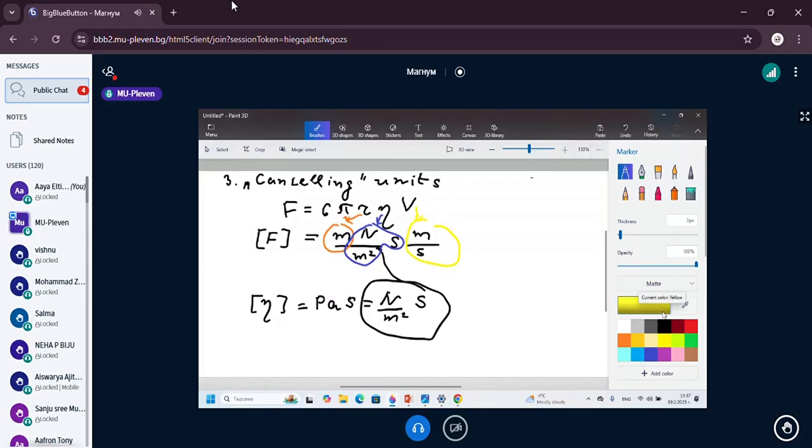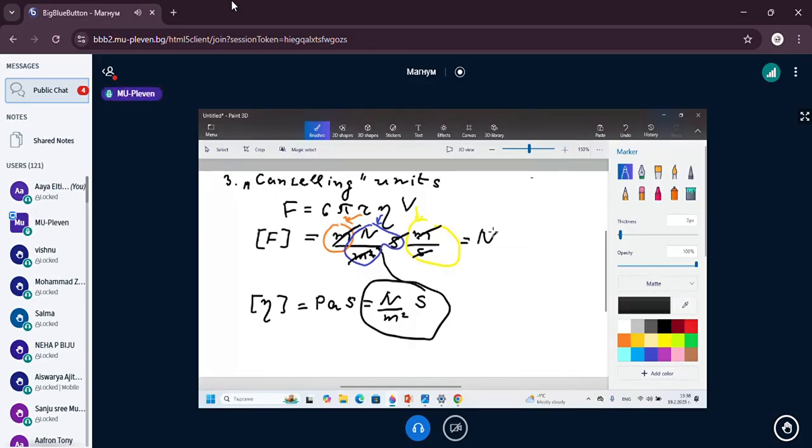It is permissible to cancel units that appear both in the numerator and the denominator of that combined quantity. So meter can be cancelled with the second power of meter, second can be cancelled with second, and what is left? Newton, which is the correct unit for force.